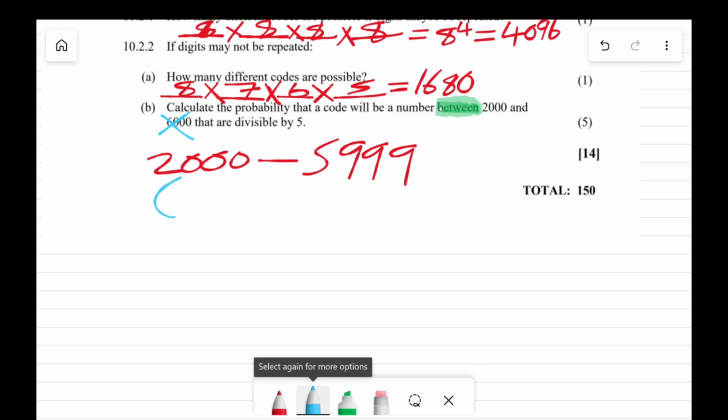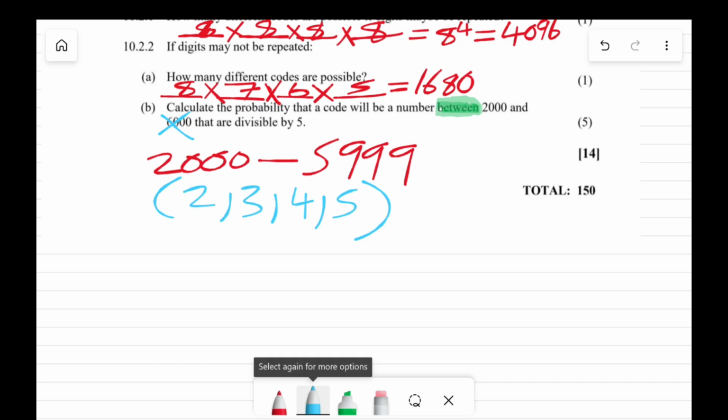We are going to use the digits 2, 3, 4, 5, because these range from 2000 to 5999. With a 2, we can form a 2000. With a 3, we can form a 3000. With a 4, we can form a 4000. And with a 5, we can form a 5000.